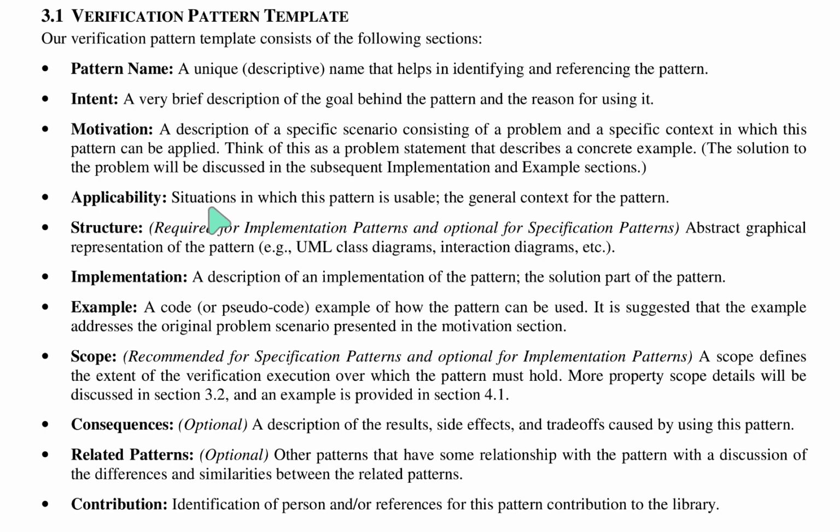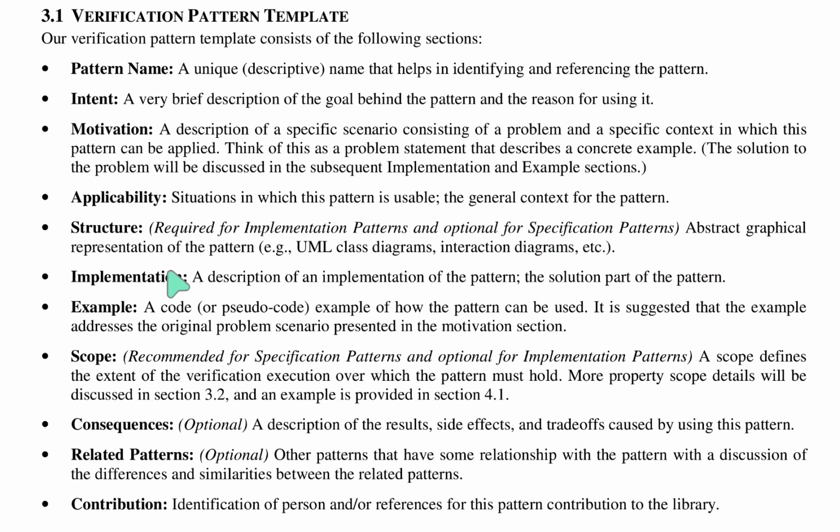Applicability, situations in which this pattern is usable, the language context for the pattern. Structure, required for implementation patterns and optional for specification patterns, an abstract graphical representation of the pattern. For example, a UML class diagram, interaction diagram, and so on.